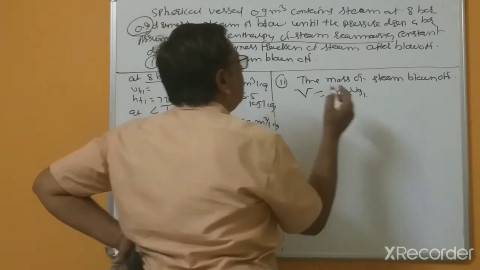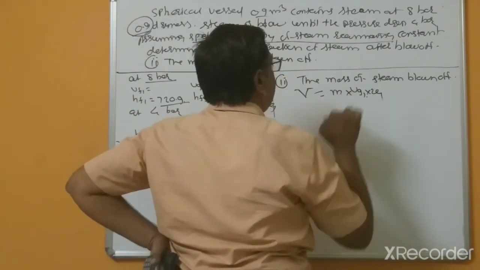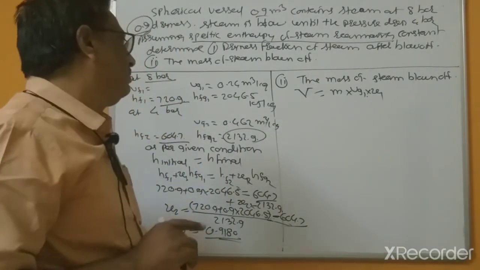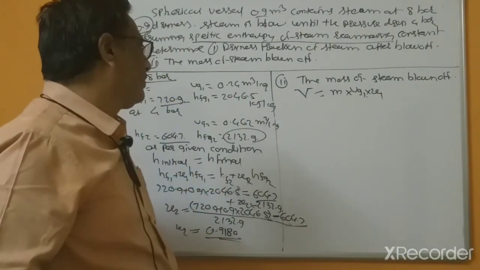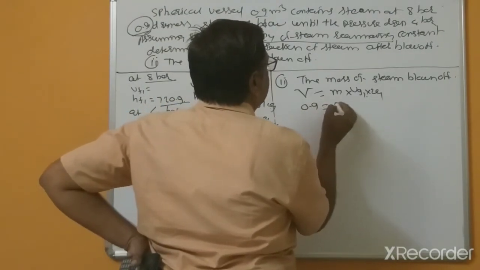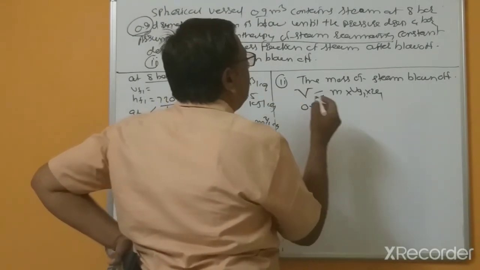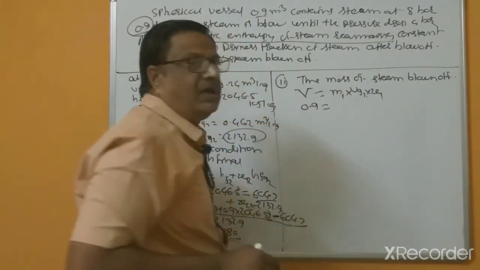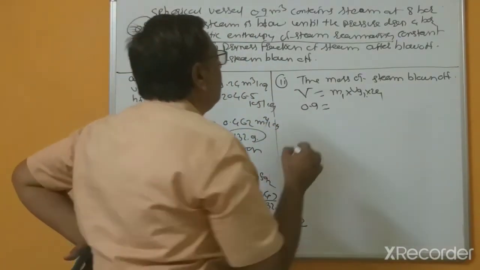Here we have to multiply by x1, because the dryness fraction is given. This is right, so 0.9, and this is initial, so I will write M1.